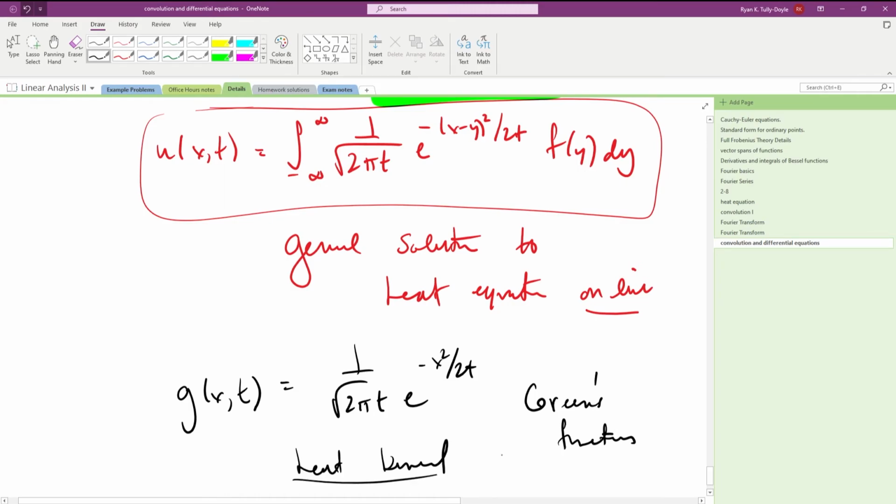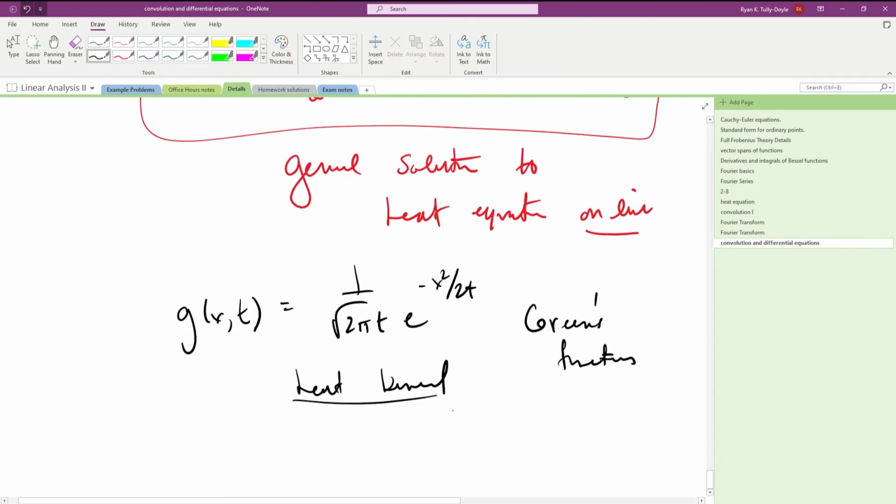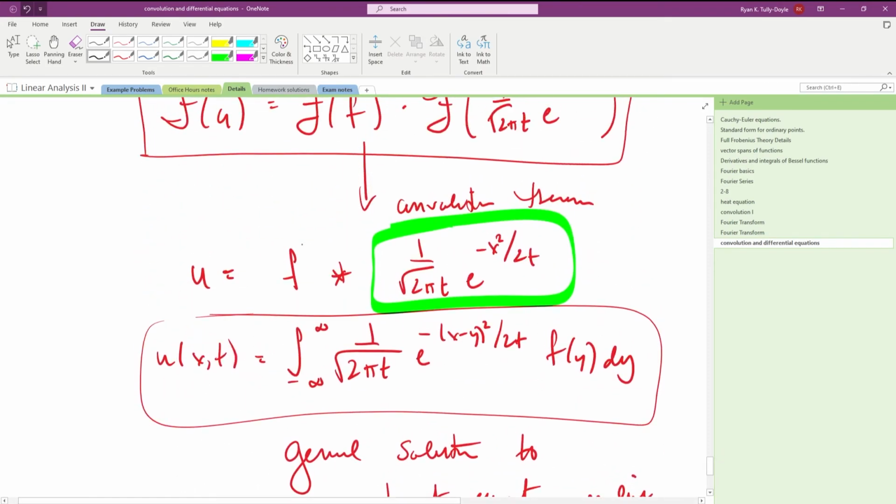So the heat kernel somehow captures the fact that you're in the 1D rod case. This is somehow the intrinsic behavior of the rod. And then what you're saying is that the solution to the heat equation on the line is the convolution, or the average, of the initial conditions f and the basic intrinsic behavior of the line system.